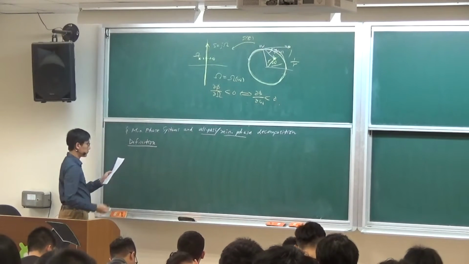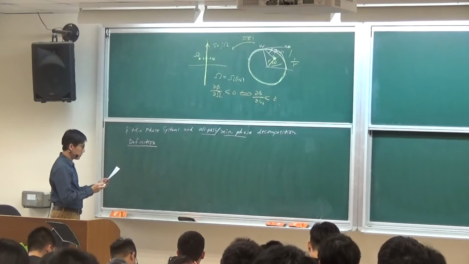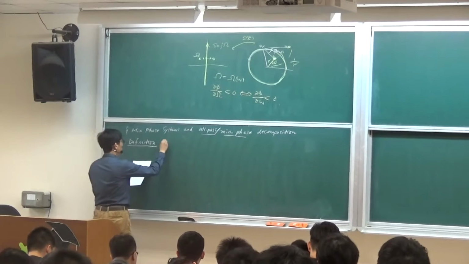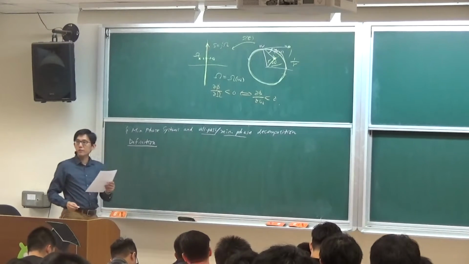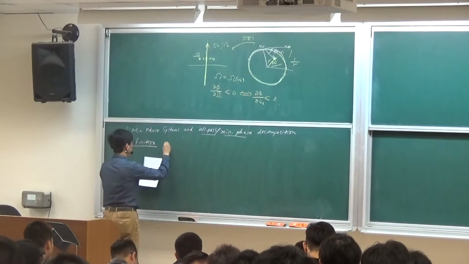First, a definition. What is the definition of a minimum phase system? A minimum phase system can be defined as follows.